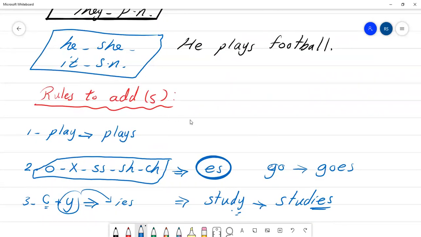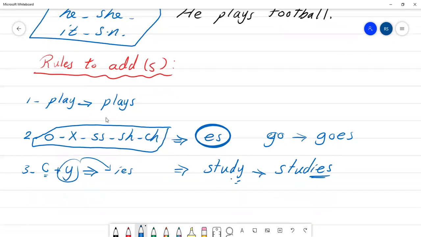Here are the rules to add s. One, in general, we add s, like play, plays.